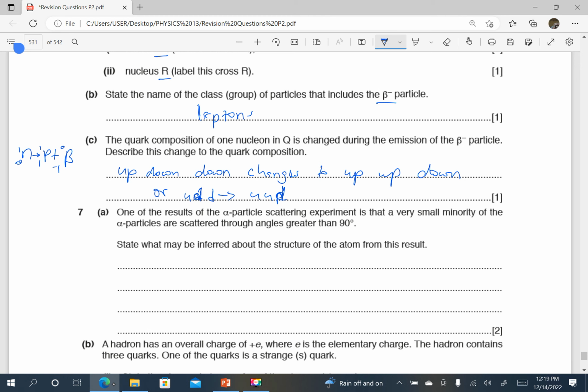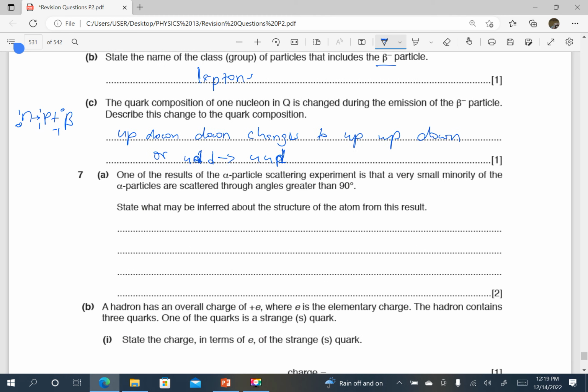One of the results of the alpha particle scattering experiment is that a very small minority of the alpha particles are scattered through angles greater than 90 degrees. State what may be inferred about the structure of the atom.